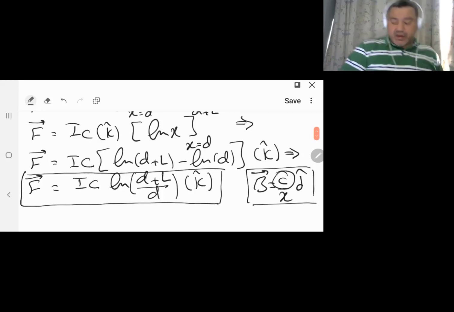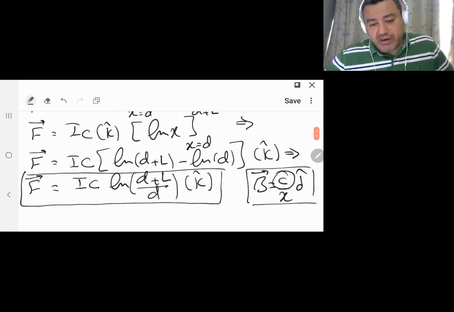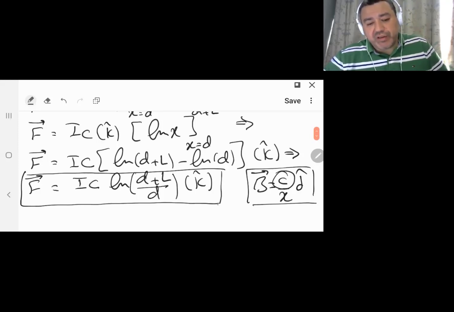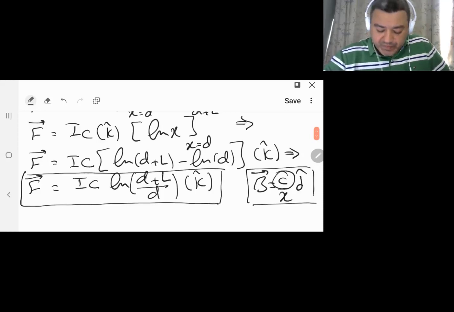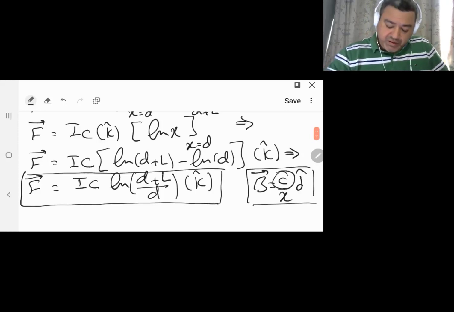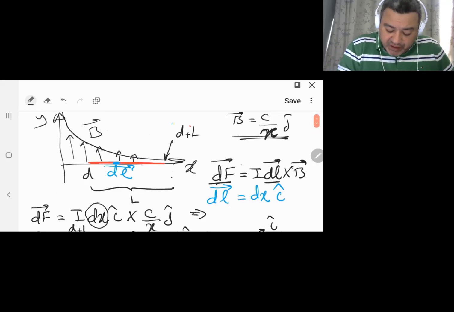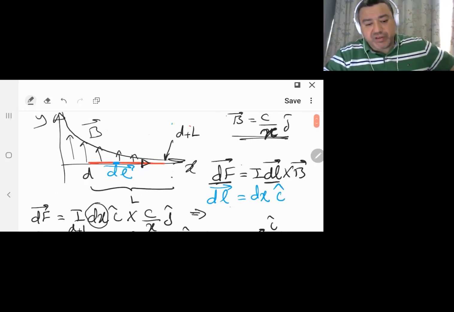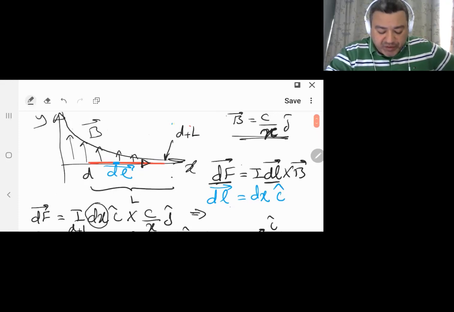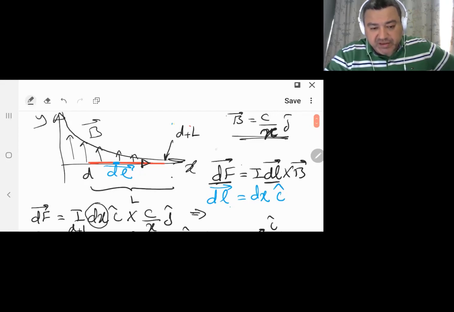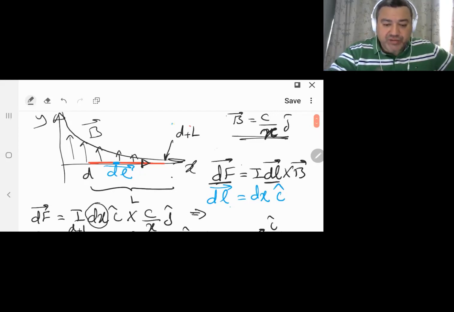X is how the current, or the direction of the current, is moving along. So if we go back to the figure here, you will see that the current is going in this direction, along the x direction, in the positive x direction. And the magnetic field is varying along this x, however, oriented along the y.